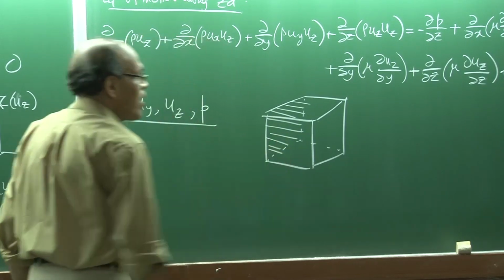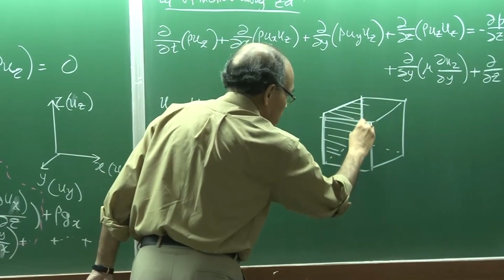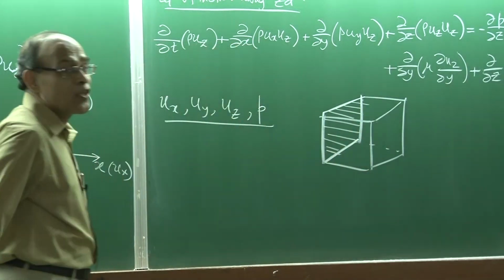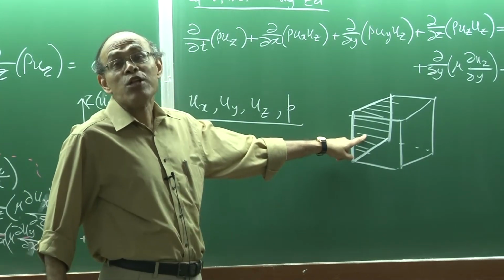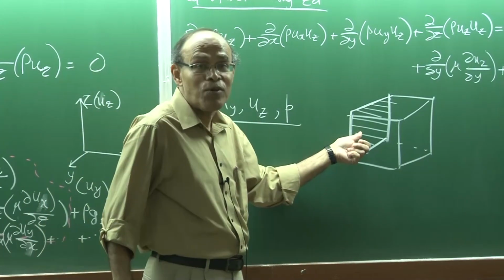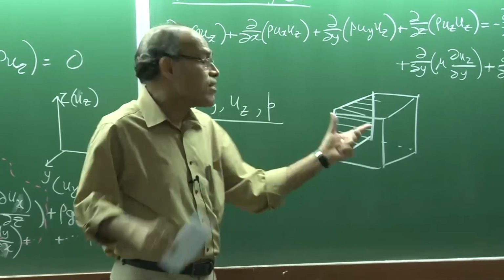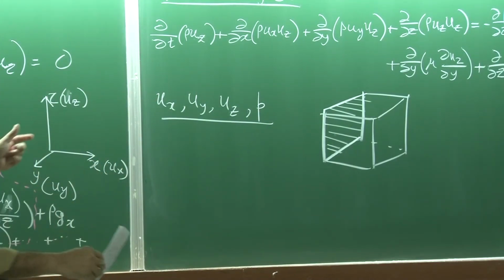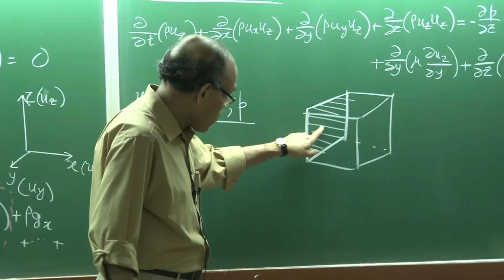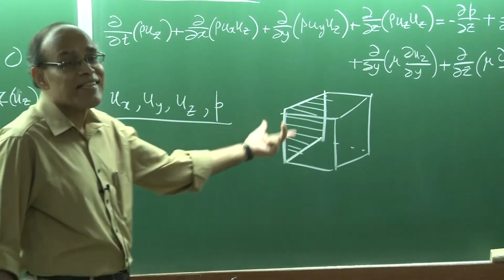This is one such face I have identified. So, there are 6 faces. On each face I will require information, because this constitutes the boundary of the system. It is through these boundaries that the system is separated from the universe or the surrounding. So, there is one such surface here, another surface here, and if you look at the three-dimensional control volume, there are 6 such surfaces.